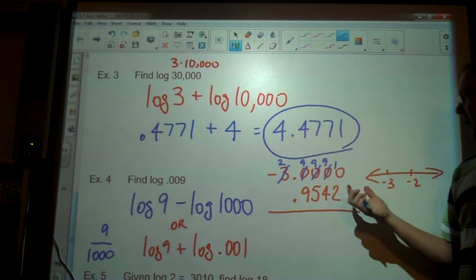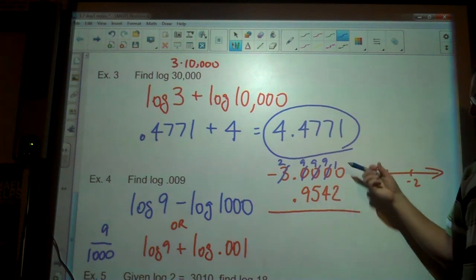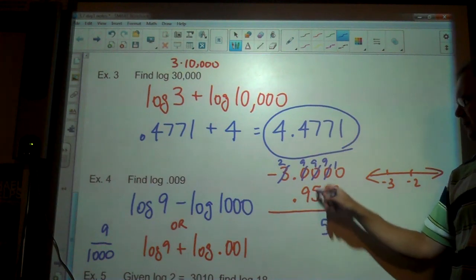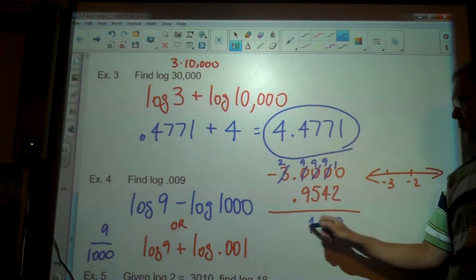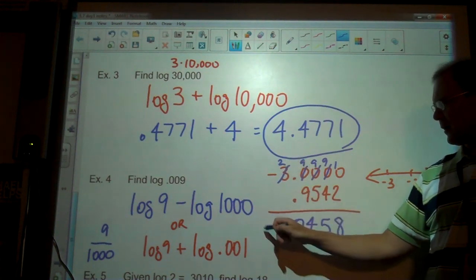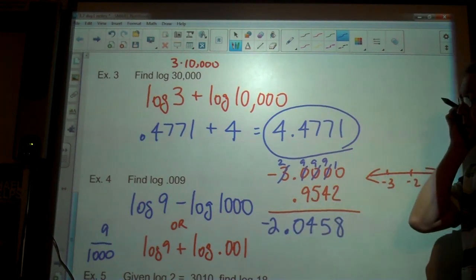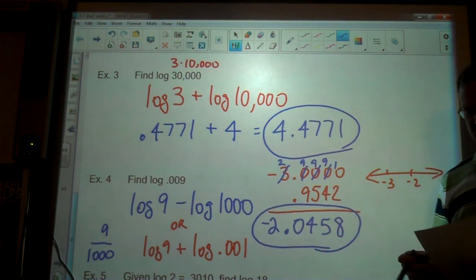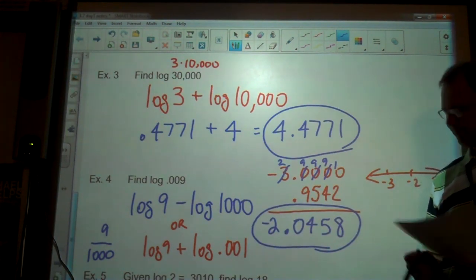Then 10 minus 2 is 8, 9 minus 4 is 5, 9 minus 5 is 4, 9 minus 9 is 0, and negative 2. So our answer is negative 2.0458.